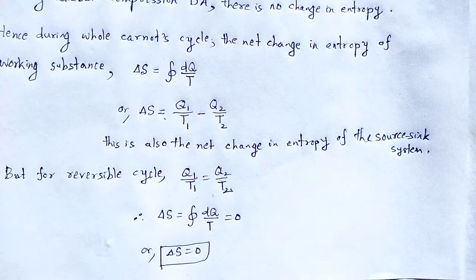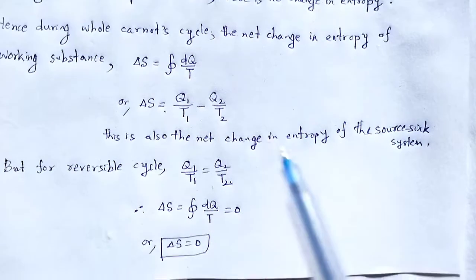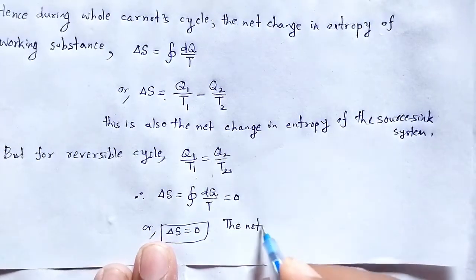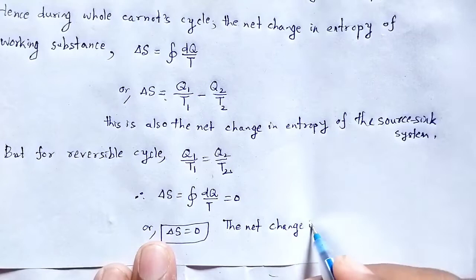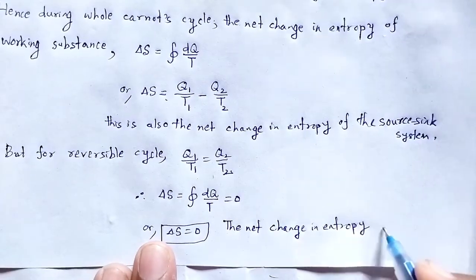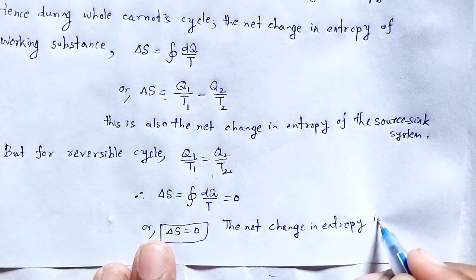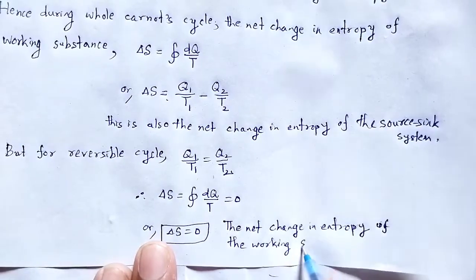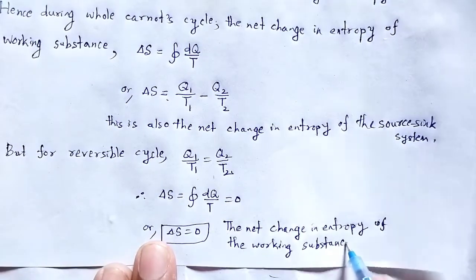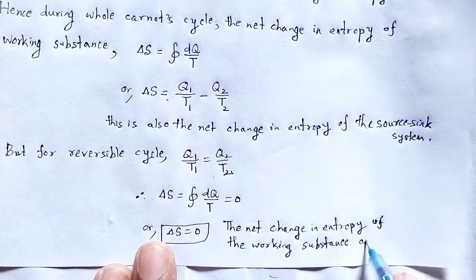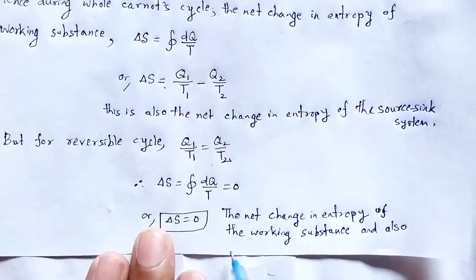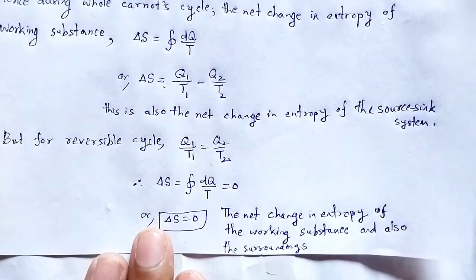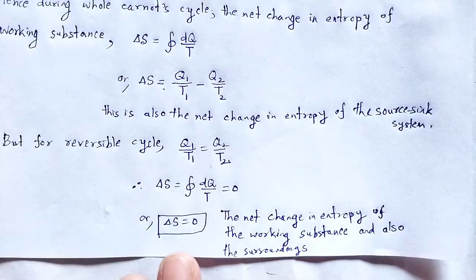Here the statement indicates that the net change in entropy of the working substance and also the surroundings during a complete Carnot cycle is 0.